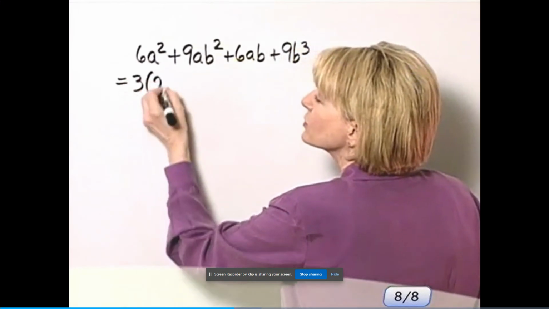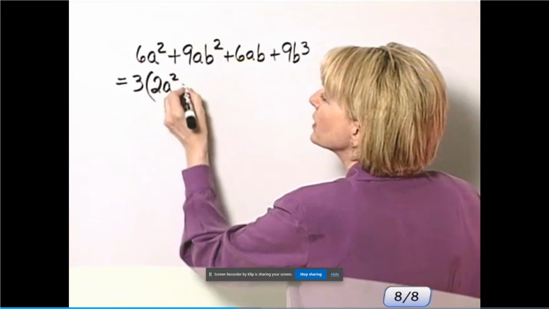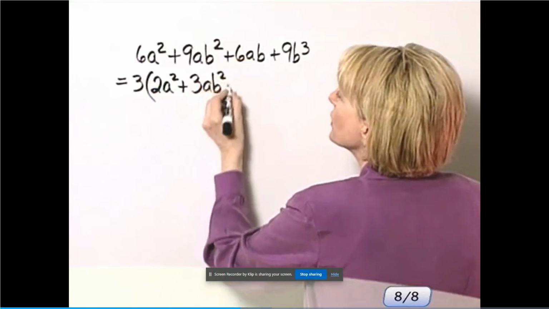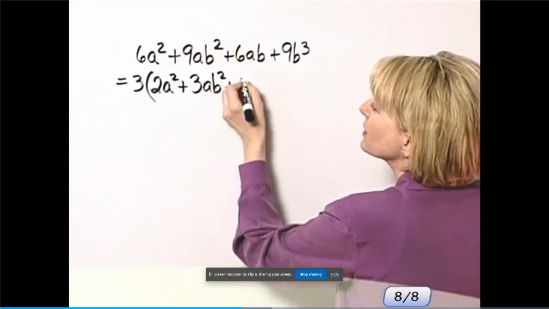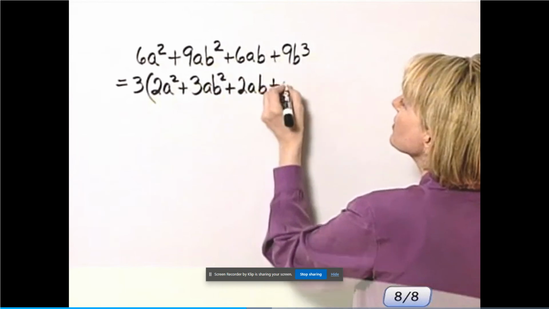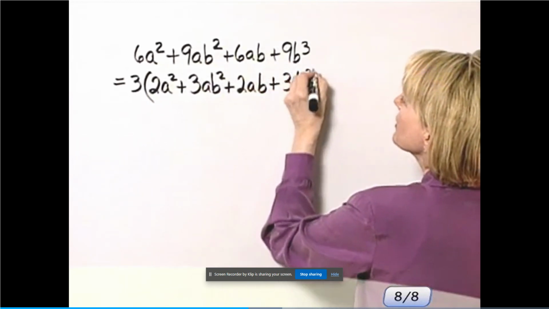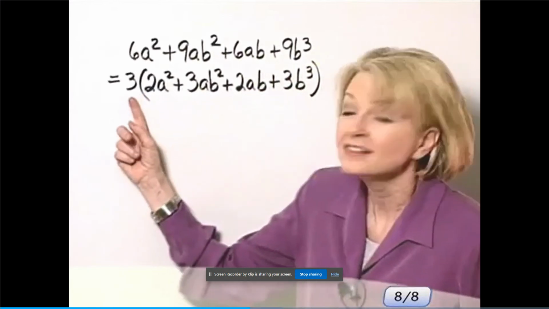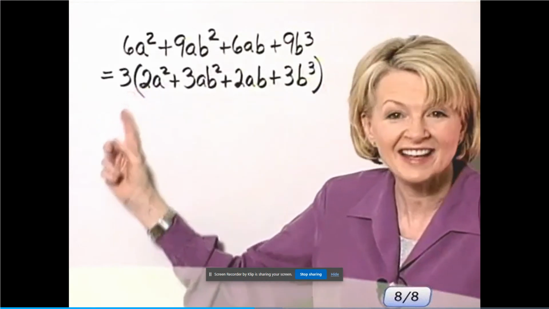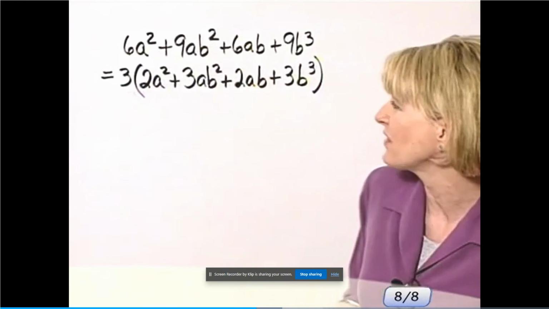I have left 2a squared plus 3ab squared plus 6 divided by 3 is 2ab plus 3b cubed. So this is a part of our factored answer. Just keep writing down that common factor of 3 that we factored out.